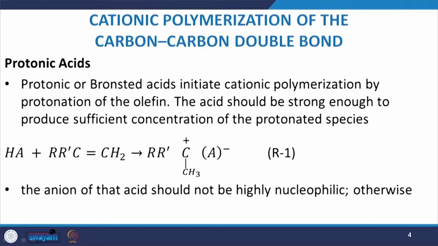Now, have a look at this particular reaction number 1. Here, this HA reacts with this particular compound to give you this ionic species. The anion of the acid should not be highly nucleophilic. Otherwise, what happens? It will terminate the protonated olefins by combination.